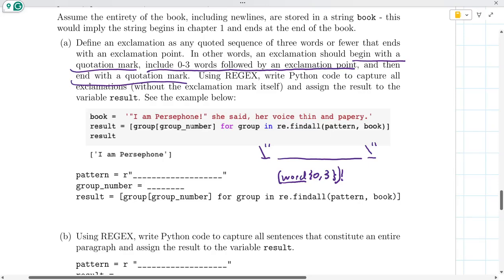Okay, so now we just need to figure out the word part. So what's the word part going to be? Well, a word can just be a sequence of alphabets, right? Okay, but then you also need spaces after a word, but you could also be at the end of a sentence, so you can either have a space or not. To either have a space or not, you can use question mark.